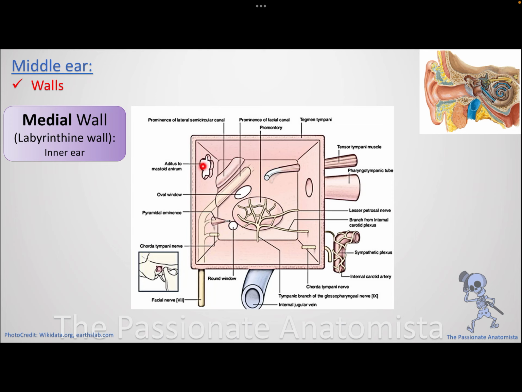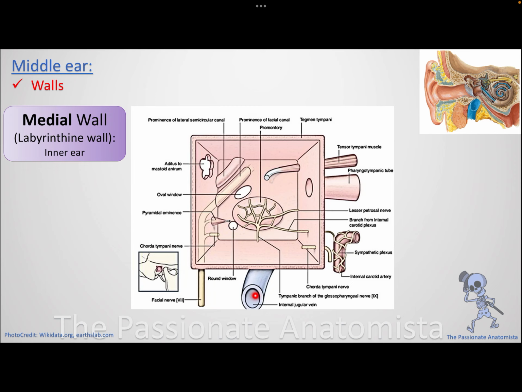Now, if you look at this box that you get to see in anatomy books, you will find that in order to explain the structures related to the middle ear cavity, they've removed the lateral wall. Why? Because the lateral wall, the superior wall and the inferior wall have nothing specific about them, other than one important thing. Based on that, we gave the name of the wall, and we're going to talk about that.